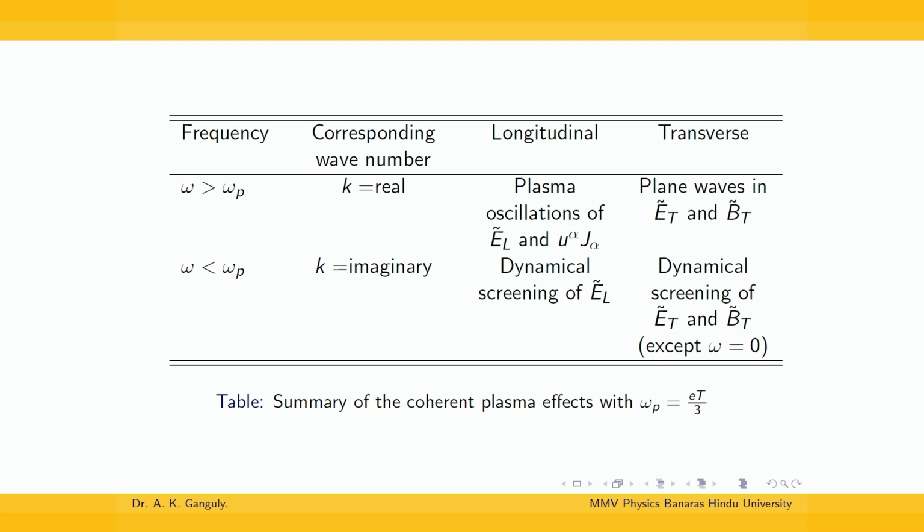Now, if one looks carefully into the values of the plasma frequency, then one would see that under the conditions whether temperature is less than the electron mass and chemical potential is less than electron mass, or they are both much greater than the electron mass, it leads to different situations.